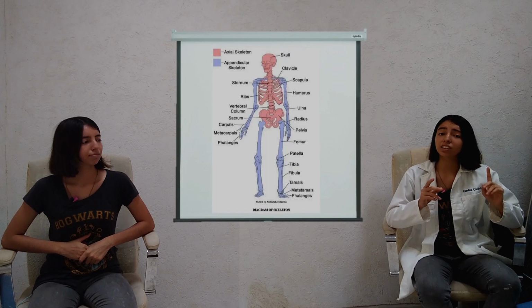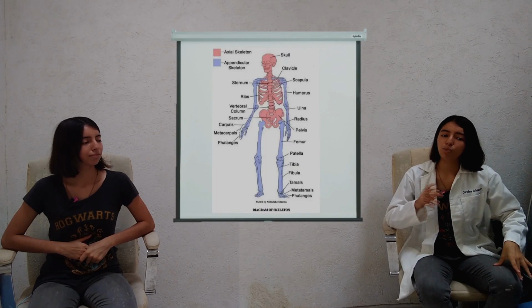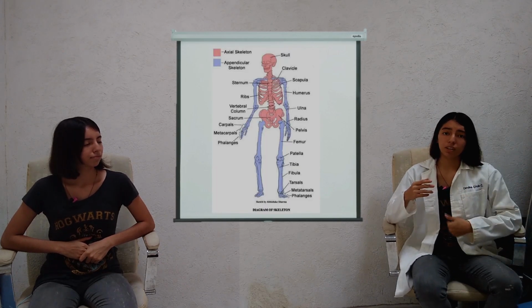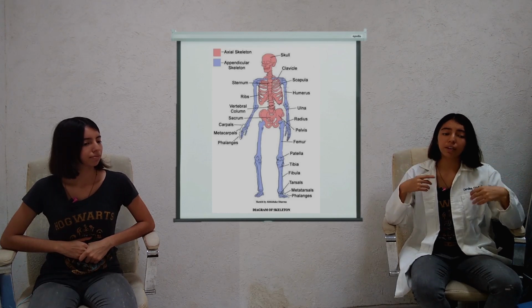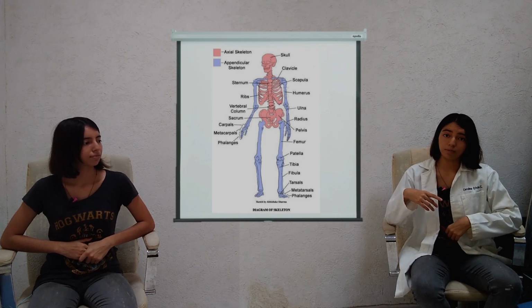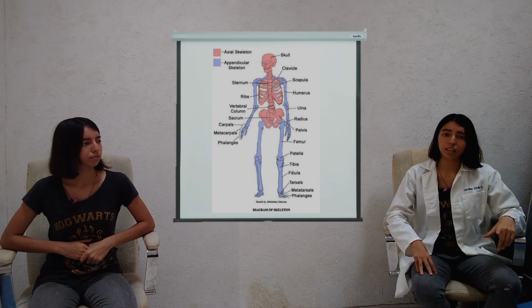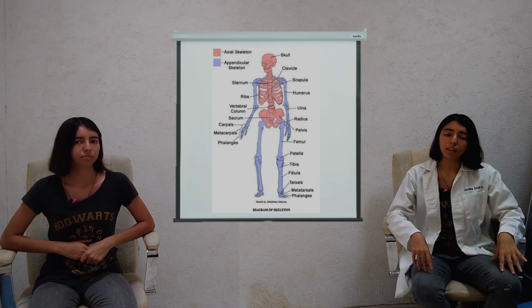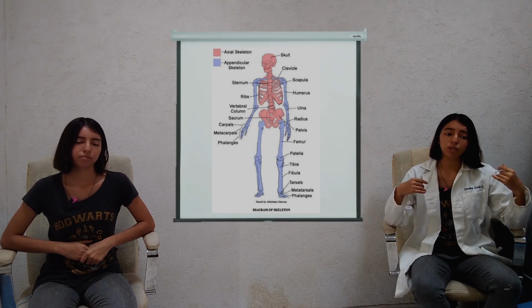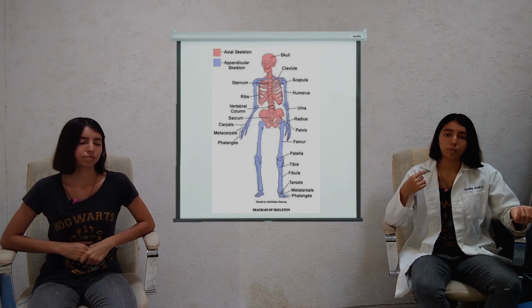Yeah, also, our skeleton is classified in 2 main parts. The axial skeleton, which involves the bones of the midline body, like the skull, the rib cage, and the vertebrae. And on the other side, we have the appendicular skeleton, which is the lower limbs, the pelvis, the shoulder, and the upper limbs.